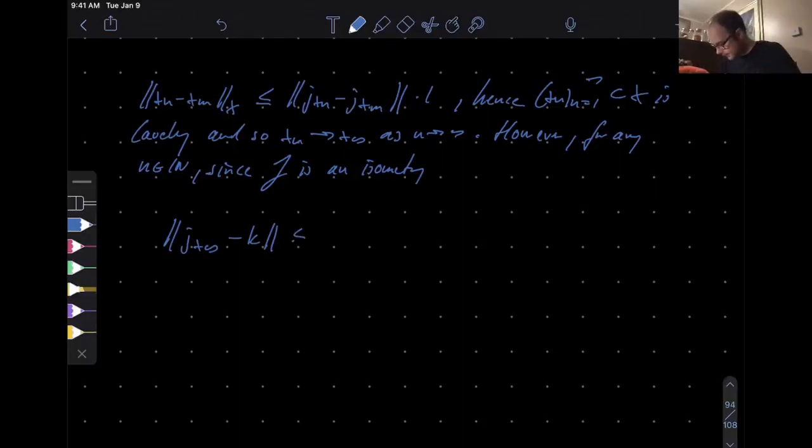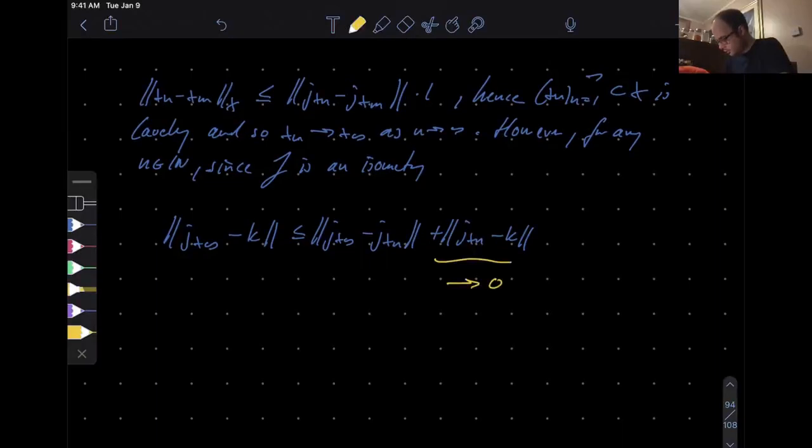So how can I do this? Well, you use the triangle inequality. The left hand side is independent of n. Keep that in mind. And then you have this one. Remember, J sub xn converges to k, so you have immediately control over the second one. That's why I insert that thing with n. And over the first one, remember, by definition of the canonical map, this is capital J x infinity minus capital J xn, right?